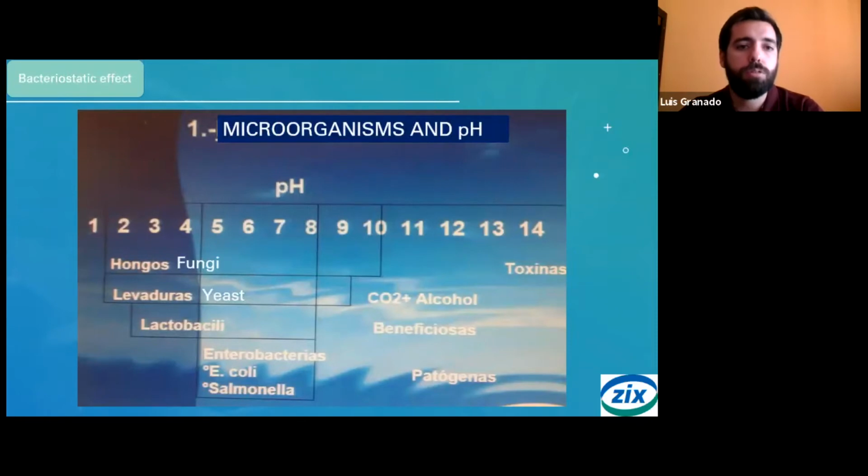As we saw before, the tolerance to the acids is different within all the microorganisms. Normally fungi and yeast are generally more tolerant. So normally when we add acids, we will be having an effect on the bacteria, with the exception of ascorbic acid, which has got a good antifungal activity, okay? And also from all the bacteria, some of them will get more affected, as E. coli and Salmonella, which are the pathogenic ones.